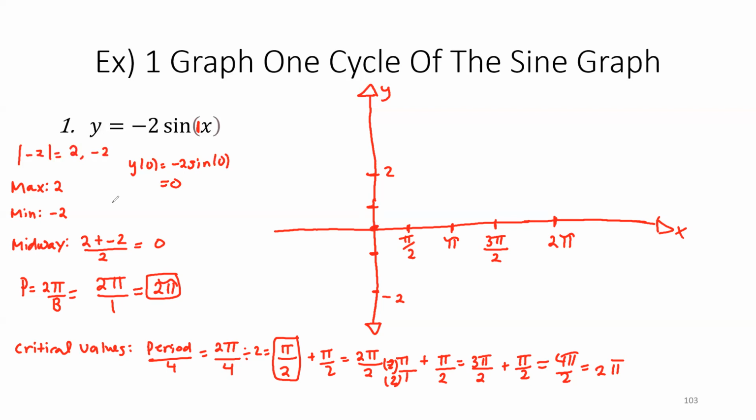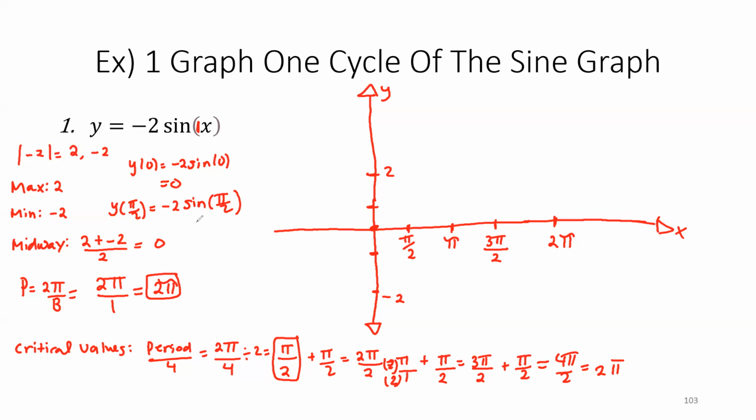Okay, and then let's plug in the x value pi over 2. Let me get my unit circle. The sin of pi over 2 is 1, right?